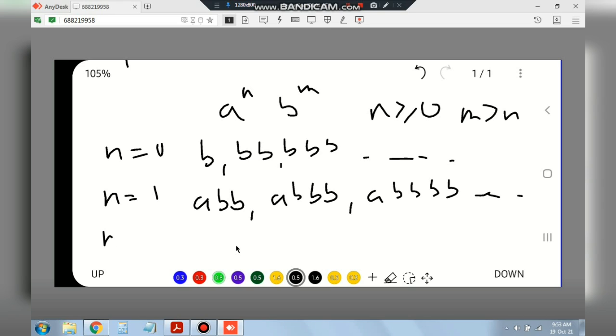And if n is equal to 2, the value of m will be 3 or more. So initially it will be aa followed by 3 b's, and the next one 2 a's followed by 4 b's, and so on.